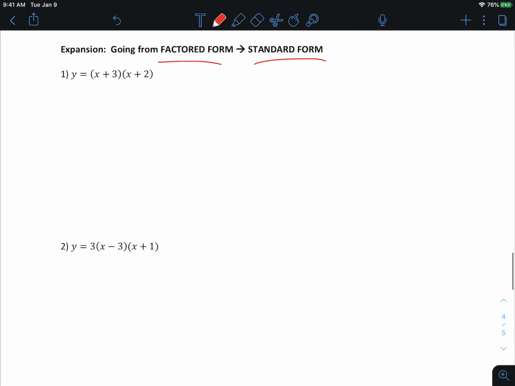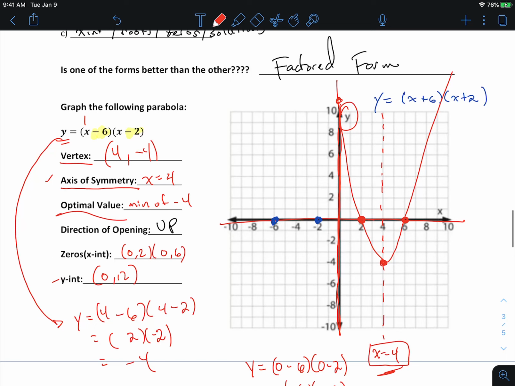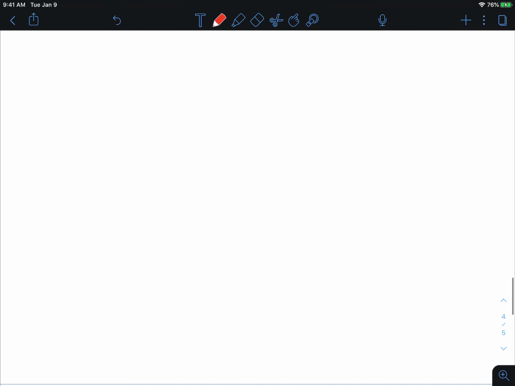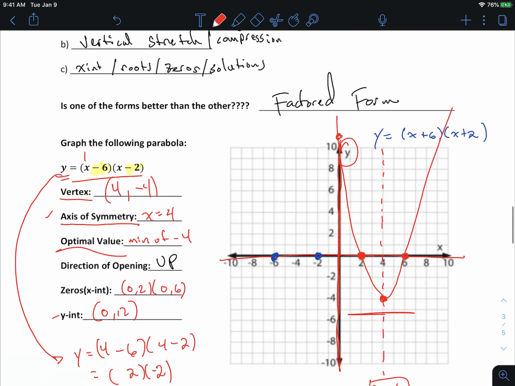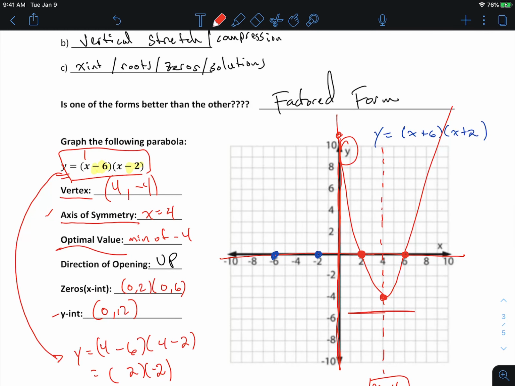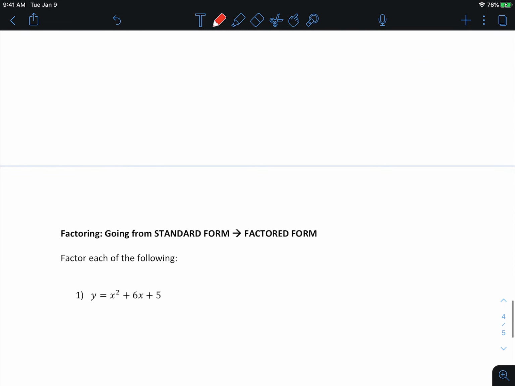But the more important one, as you can see here, to produce this graph, is to switch from, what form did we have? Factored, right? But if we want to get to factored, that must mean I'm going to be given standard. So I'm going to switch from standard into factored so that I can produce graphs so that I can answer all these different questions, right? So that's next week, because from factored form, you can find a lot more than looking at it like that.